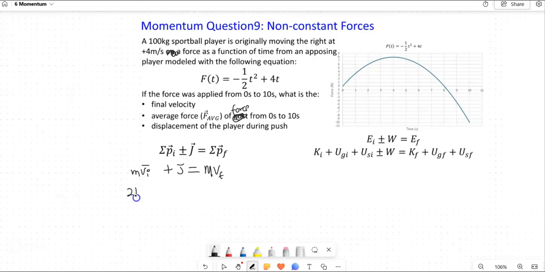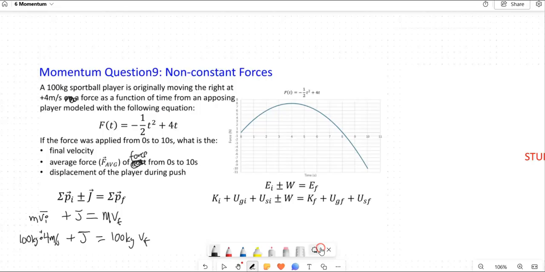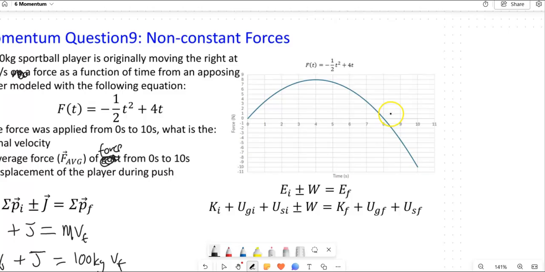Okay, so this is going to be 100 kilograms times 4 meters per second, which is positive, so they're moving to the right, plus whatever the impulse is, which is the area underneath this line, which we'll get into in a second, and that's equal to 100 kilograms times the final velocity. Okay, so that impulse is going to be an interesting problem, because you have two parts to this impulse.